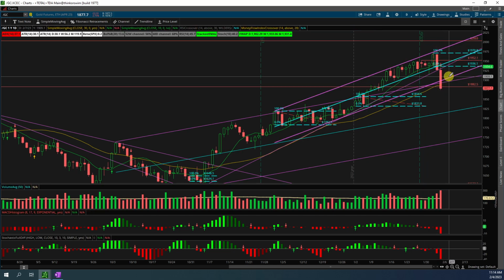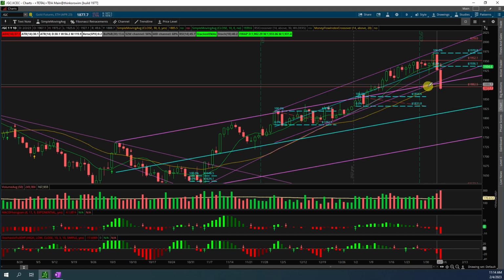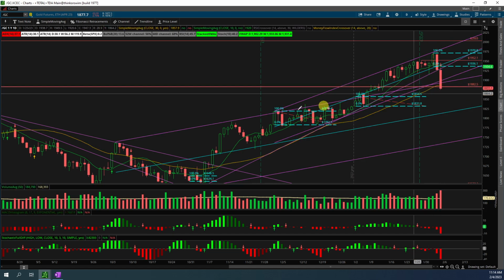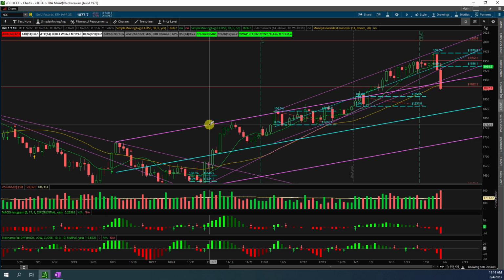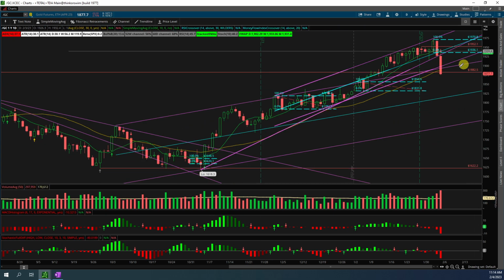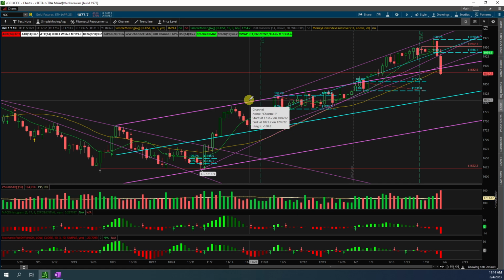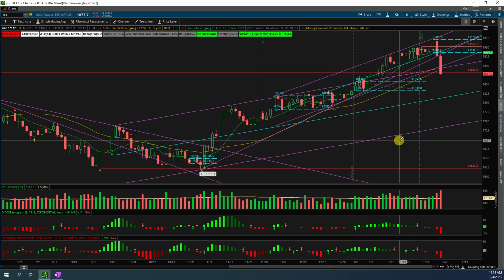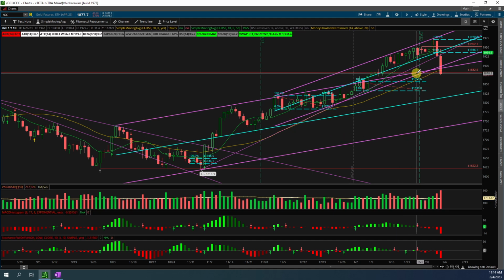Now it did break to the downside on this channel, so it's coming back down to this other channel I have here, where the upper side is also broken, and now we do have that channel that it's validating, or that it's in play now.